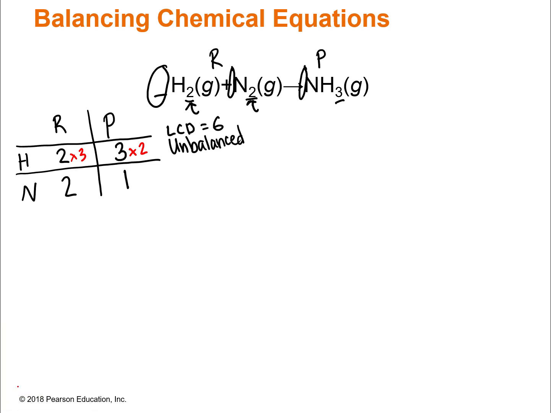So on the reactant side, we're going to multiply the hydrogen gas by 3. And on the product side, we're going to put a 2 in front of the ammonia molecule, because that's where the hydrogen is.